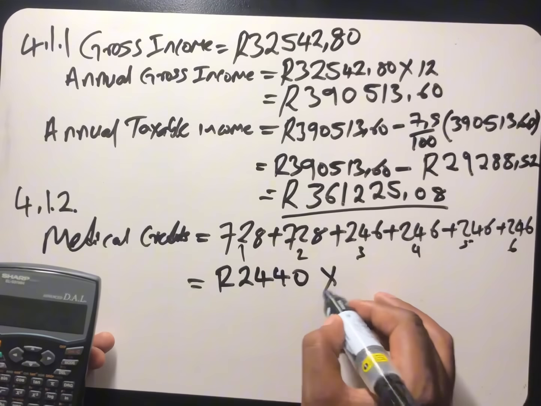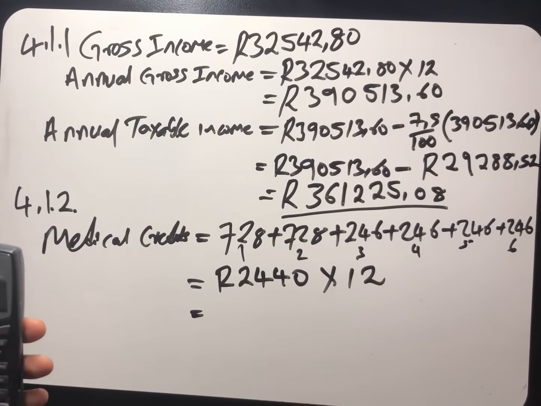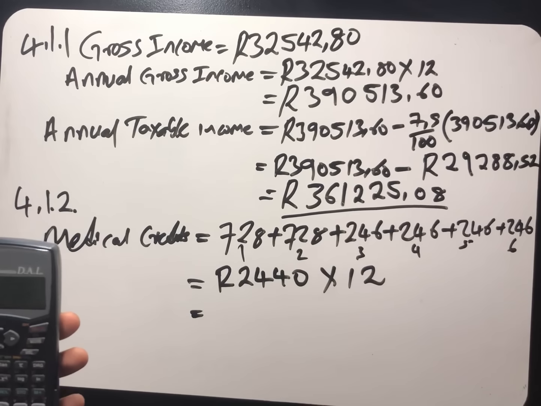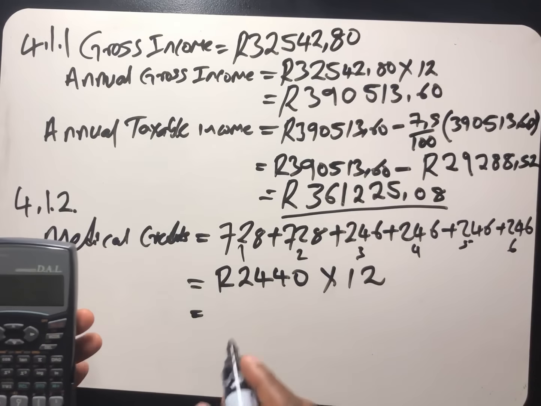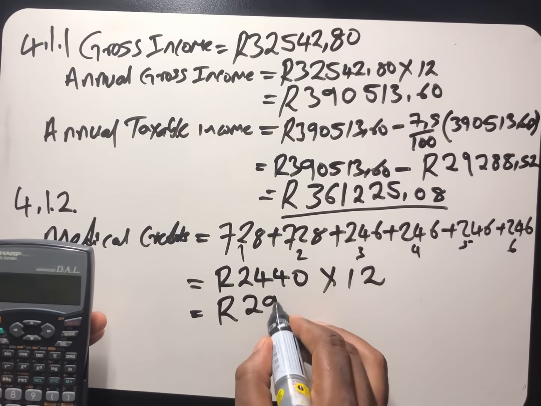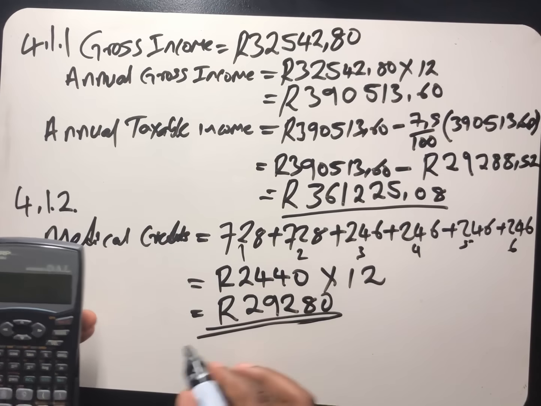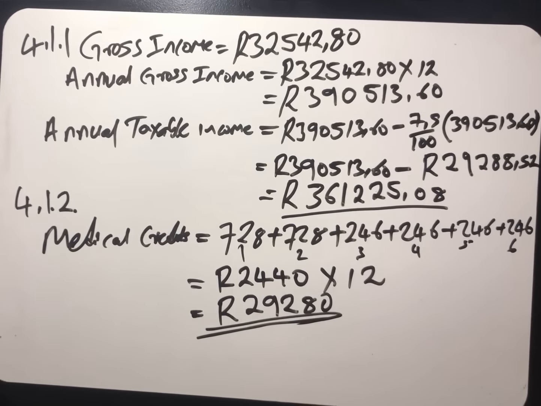Then we multiply by 12 because they want the annual medical credit. In a year it is R29,280. So this is the medical credit for Mr. Chabalala in the year 2024.